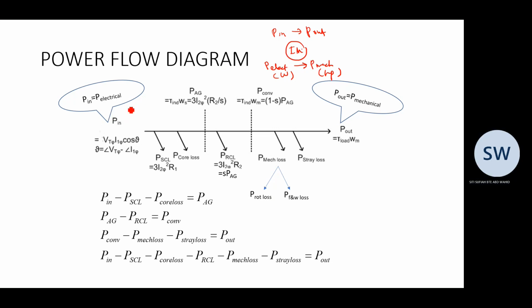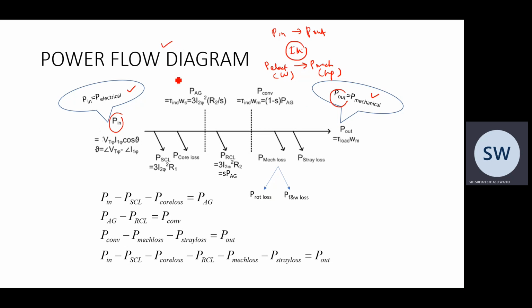So P in is the electrical power, P out is the mechanical power. Some power has formulas. Also some have no formula provided, which means you need to make use of this power flow diagram.